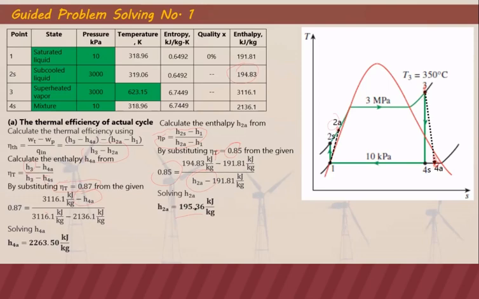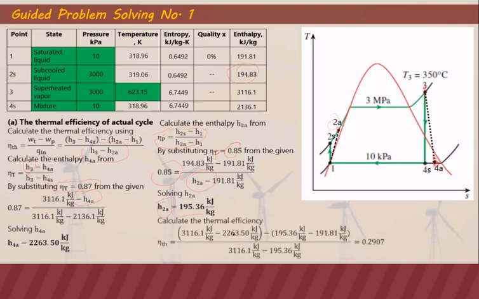So there is also a deviation at point 2. Since we already have H2A and H4A, and H3 and H1 from the table, by substitution of those values our thermal efficiency is 0.2907 or 29.07%. The thermal efficiency tells us that only 29% is actually converted to useful work.